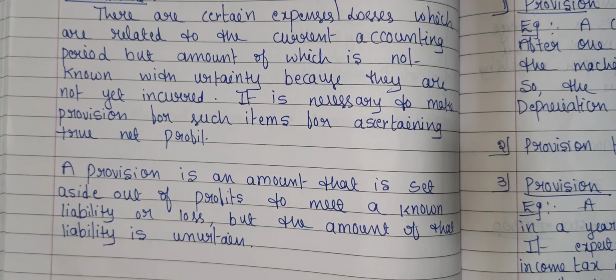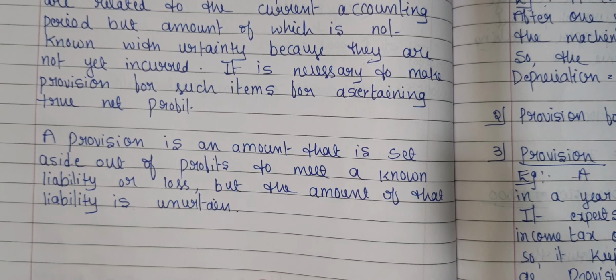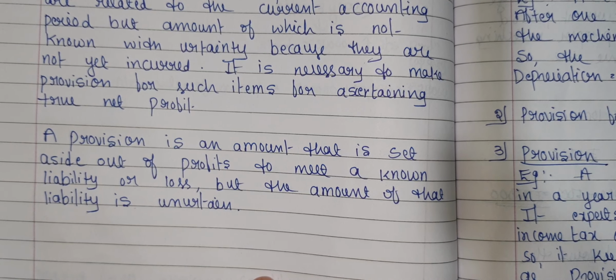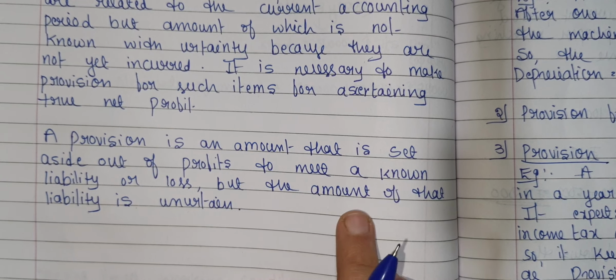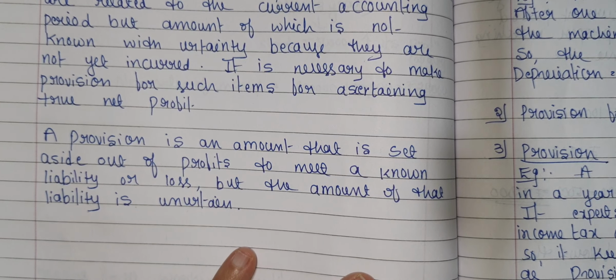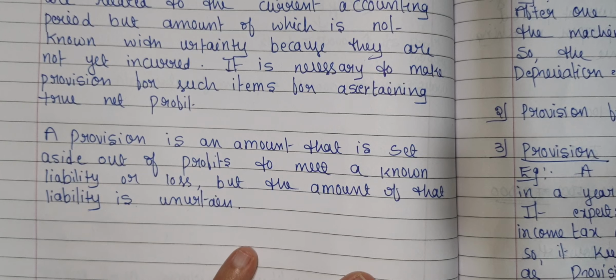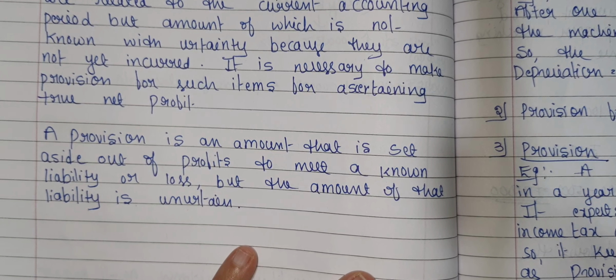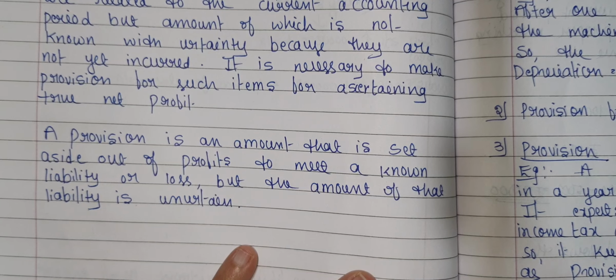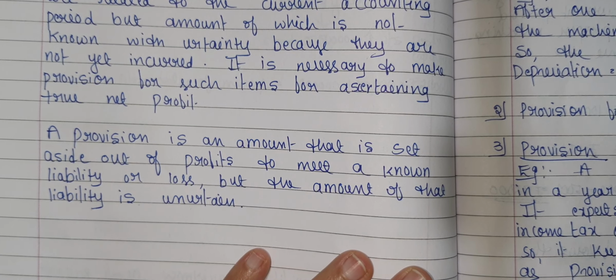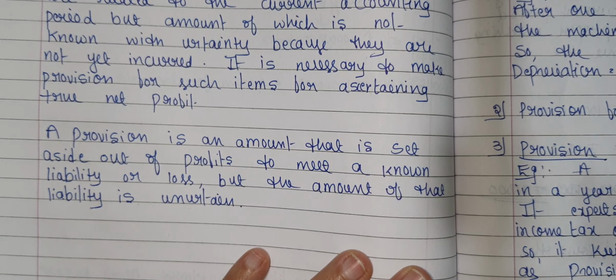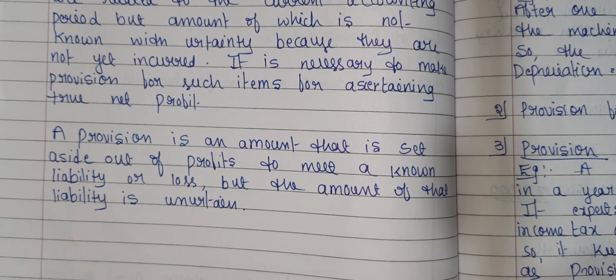So provisions, it means what? It means an amount that is set aside out of profits to meet a known liability or loss, but the amount of that liability is uncertain. So here we have to set aside an amount out of revenue or profit to meet a known liability or loss, but the amount is uncertain.